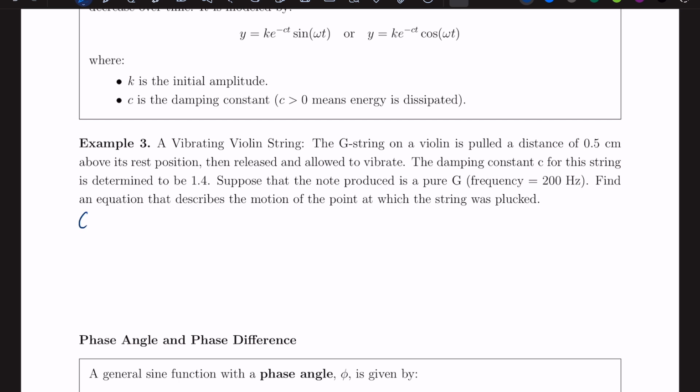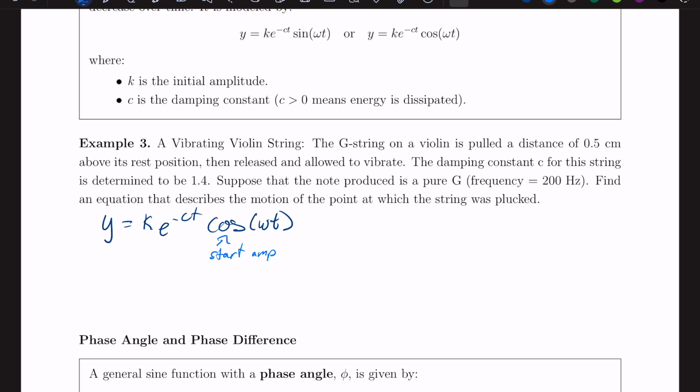We're going to have y equal to some k e to the minus ct cosine of omega t. And we're going to try to find that. And the reason we want cosine is that we start at the amplitude. That's what cosine does, it starts at the amplitude.